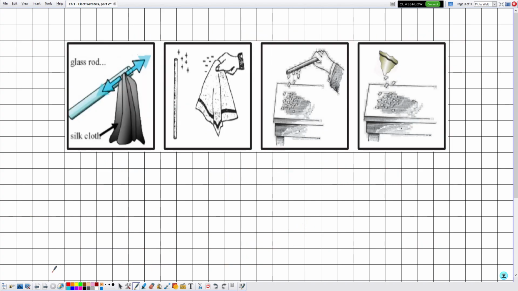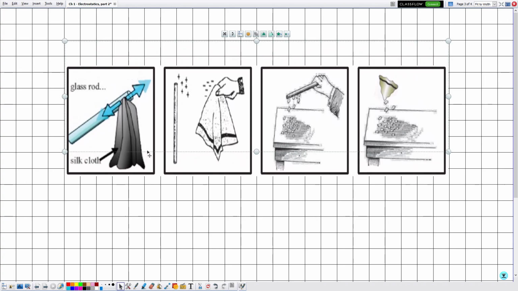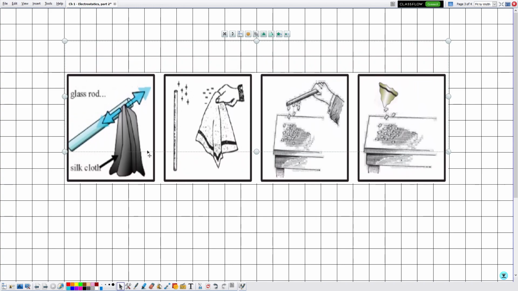So let me say that section number 7 is methods of electrification.